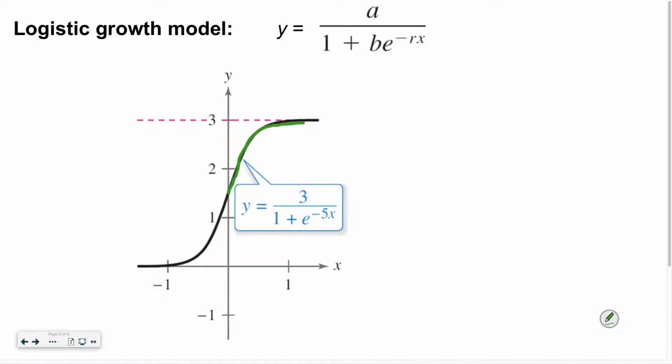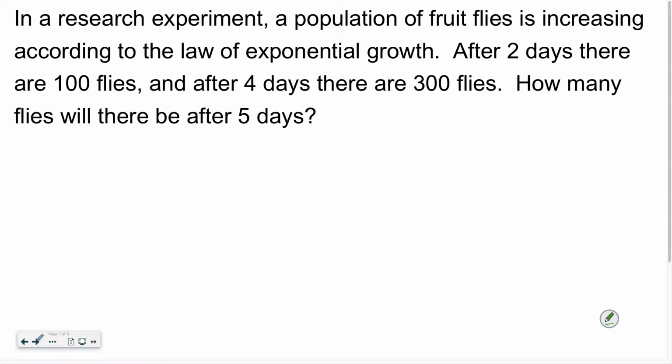This is called logistic growth. We did a lot of stuff with this in my Calculus 2 class, but the information will all be given to you. A and B are still there. A is what we call the carrying capacity, but everything's going to just be given to you in that sort of model. So we have two questions that we need to get through.